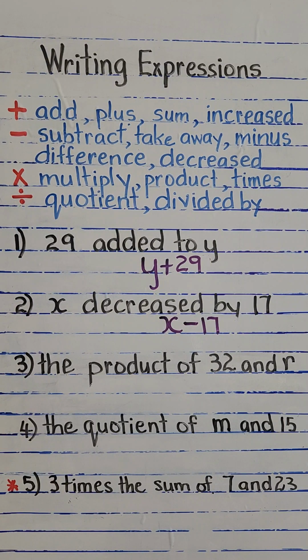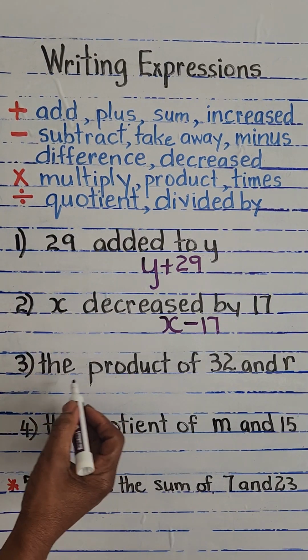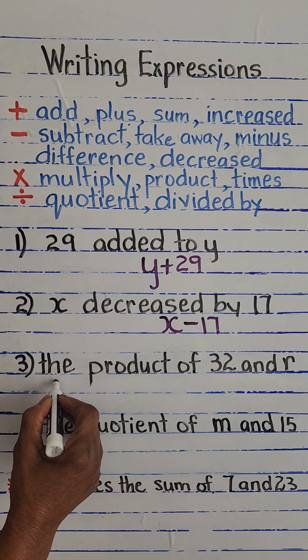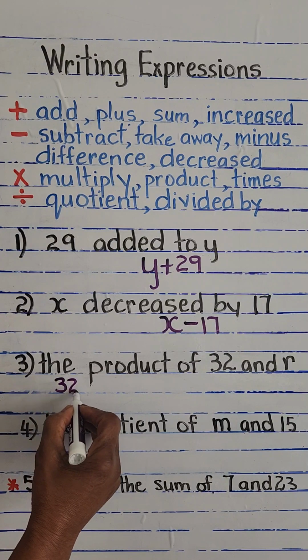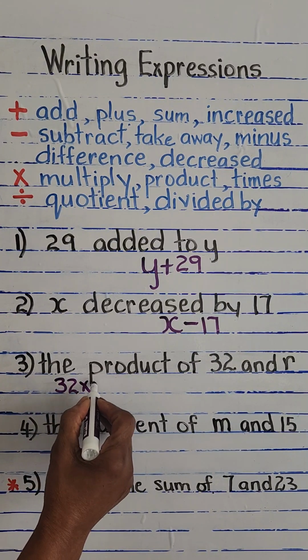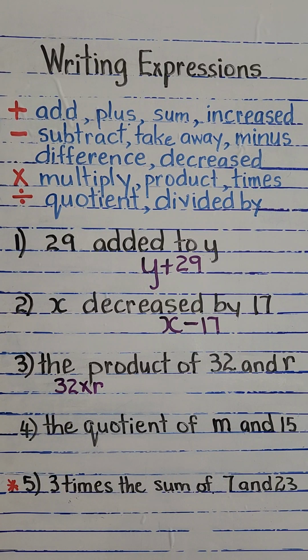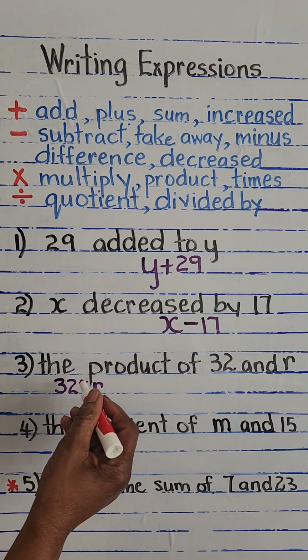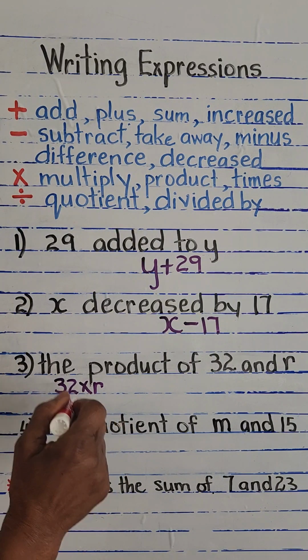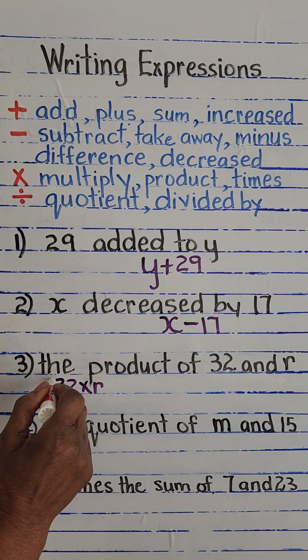The product of 32 and r. So product means multiply. So that would be 32 multiply by r. But in algebra, that could mean something else. It could mean 32 x r. So when we have a variable and a quantity, we try to avoid writing it like this.